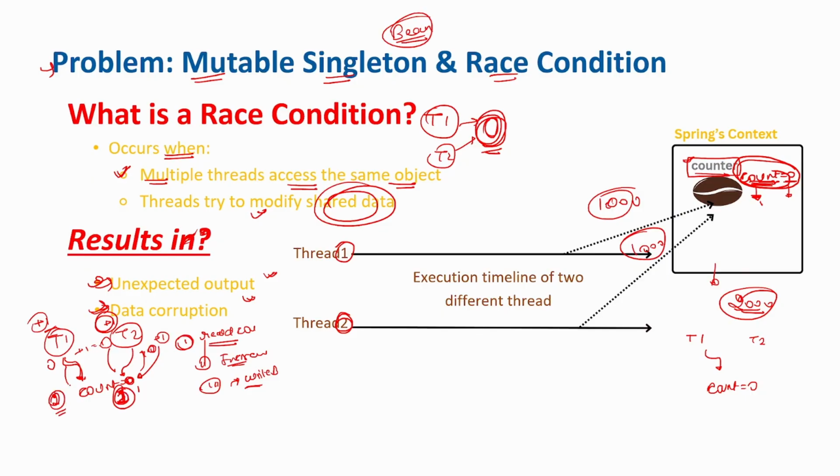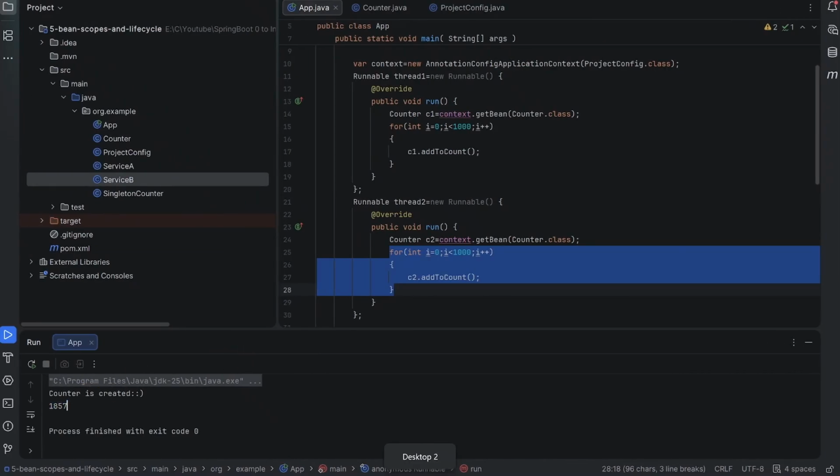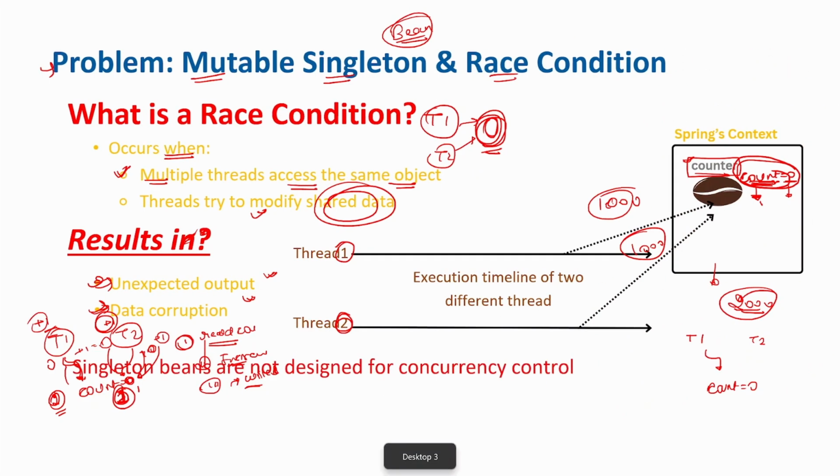So this is the race condition. Both try to modify the shared data at the same time. This leads to unexpected output and data corruption. As you can see here, it's giving 1857. So basically, 143 times this condition happens.